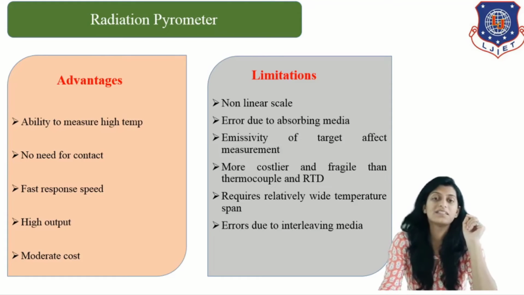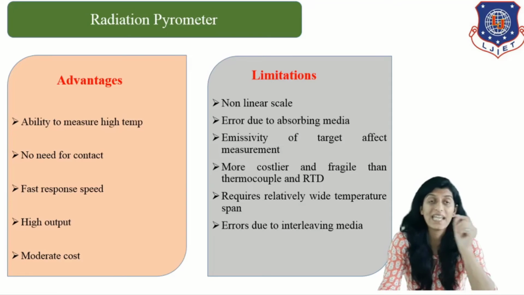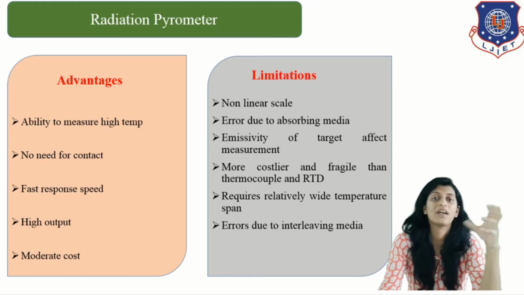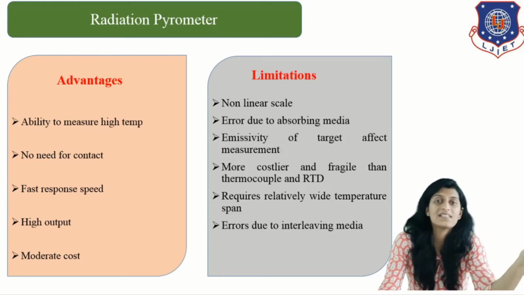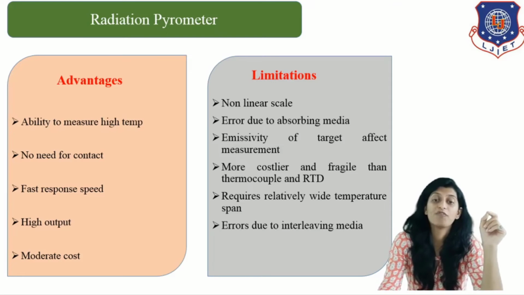Limitations. Non-linear scale. This is the biggest limitation or drawback of the radiation pyrometer, that the scaling of temperature and current is non-linear. Error may be generated due to absorption by some other media or other rays coming from some other sources. Emissivity of the target affects the measurement.